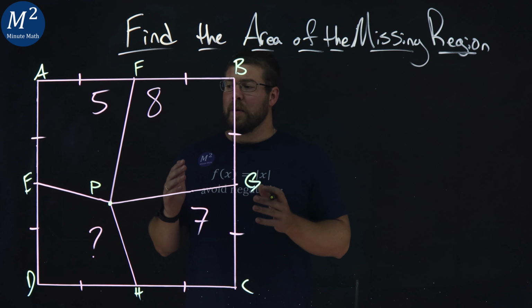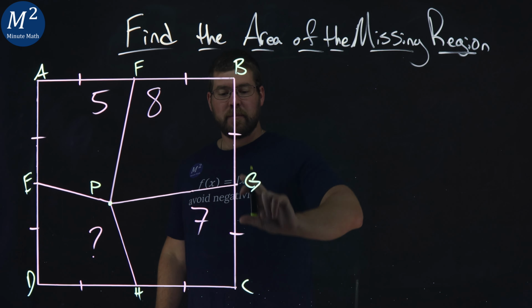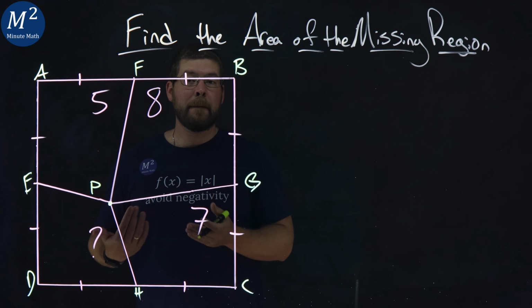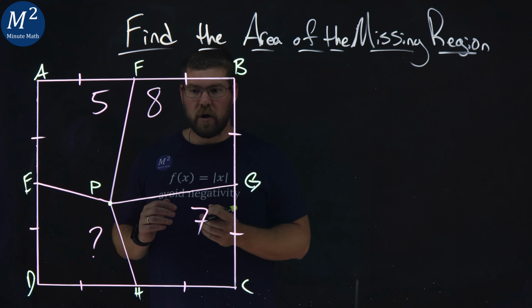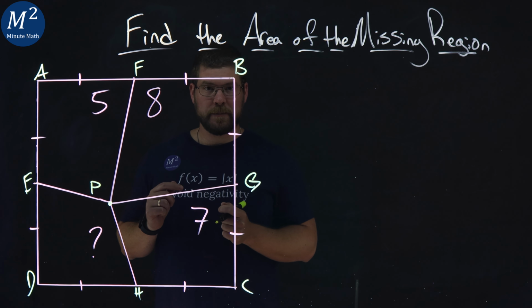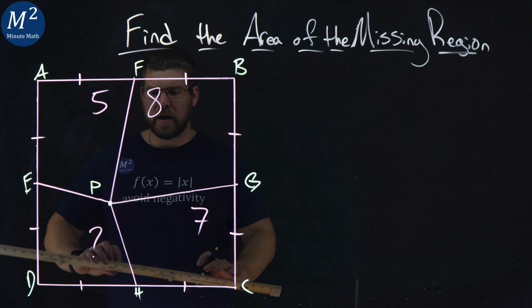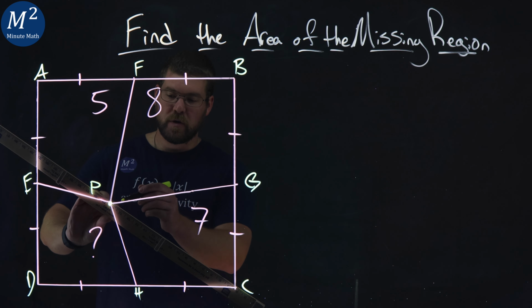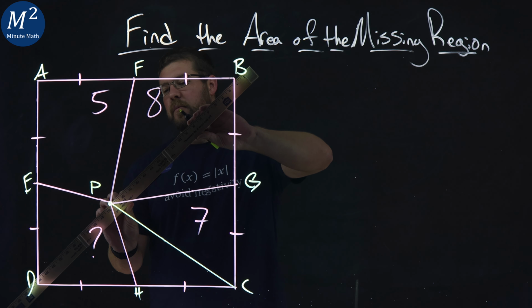Now, once we have this, one thing we notice: since these segments are congruent to each other, the points are midpoints of each line segment, okay? So I have an idea. Let's draw some more lines. I'm going to connect point P to point C, and basically point P to every single corner of the square.